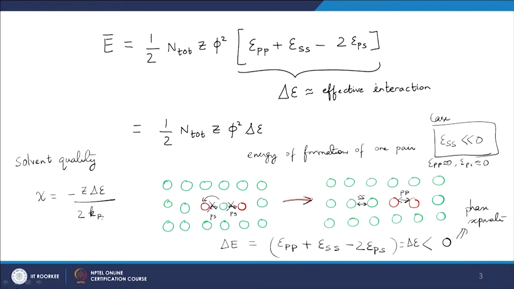2 kBT, and I can plug that in here, and that I will have E bar is equal to minus n chi phi square, and now this is E bar by kBT.